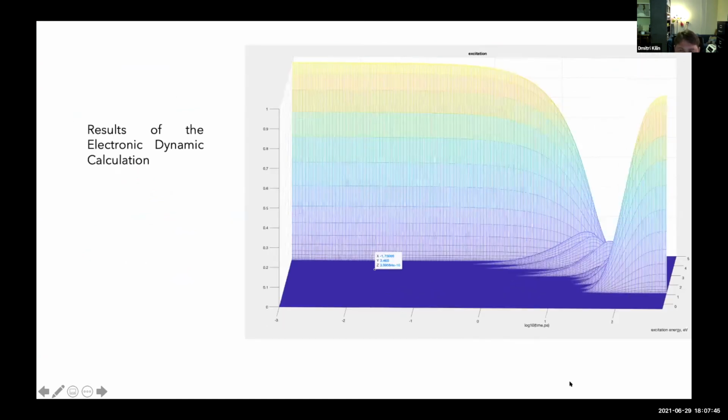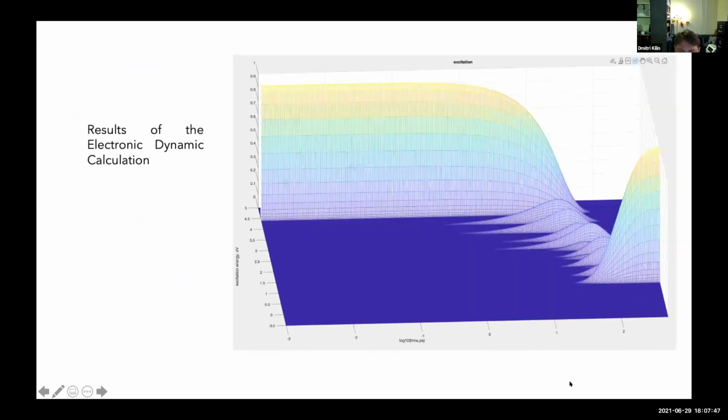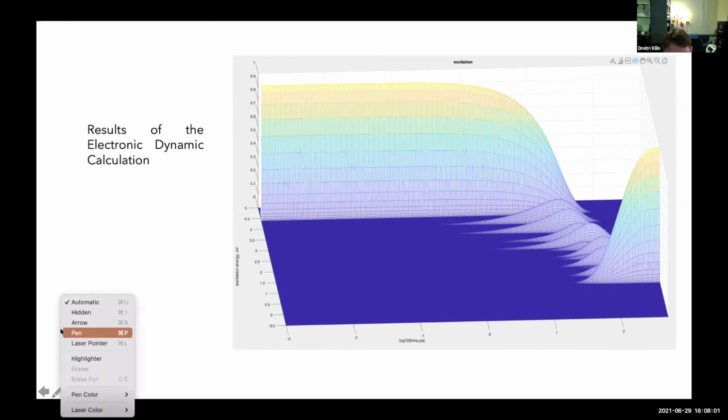Yeah, stop. Back. Yeah, this is a really good slide. Okay. So there is a cascade of little peaks in the time area, on a logarithmic scale between 1 and 2.